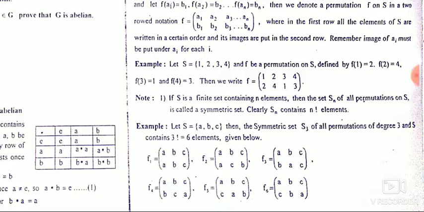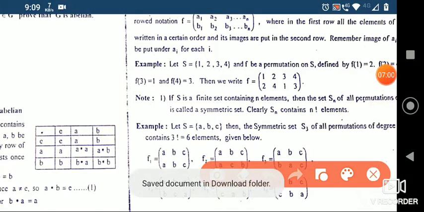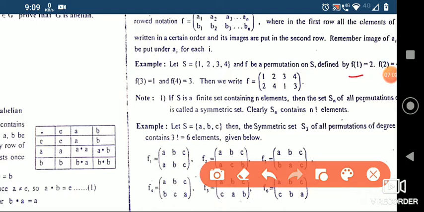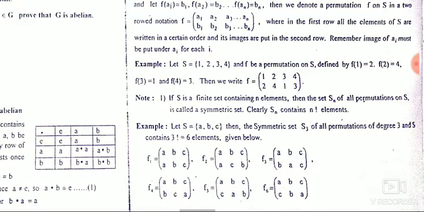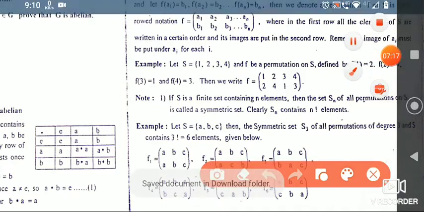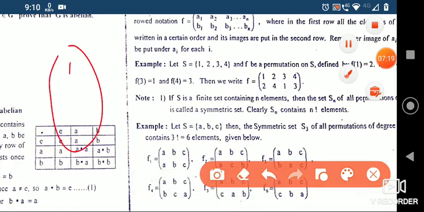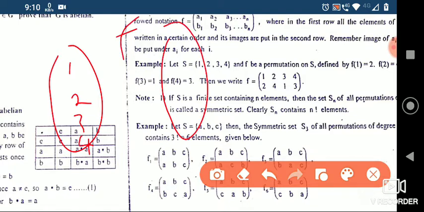So now in reverse they are defined. First they define where f of 1 goes to, f of 1 goes to 2. Then f of 2 goes to 4. If I do it in pictorial form, you have 1, 2, 3, 4 here, and this is f, this is codomain.